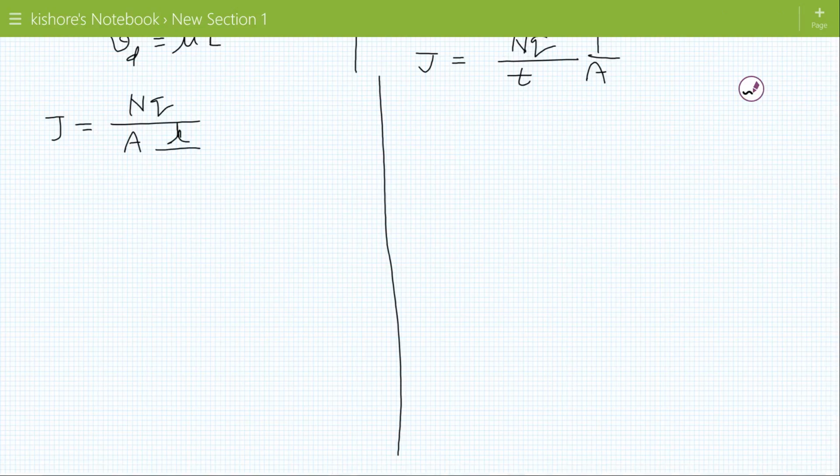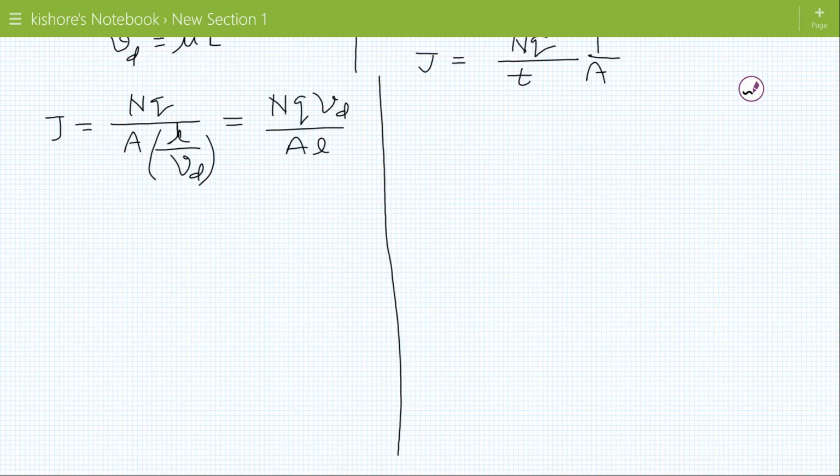L is the length of conductor, and Vd is the drift velocity. So the current density is NQ Vd divided by A into L, where capital A is the cross-sectional area of the conductor, L is the length.